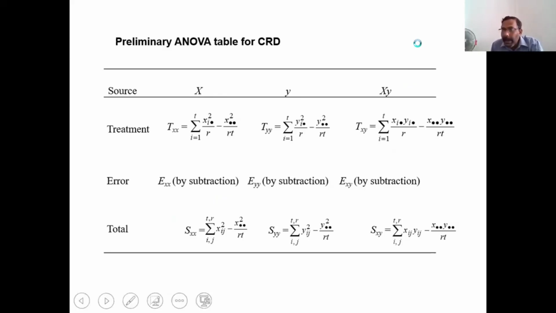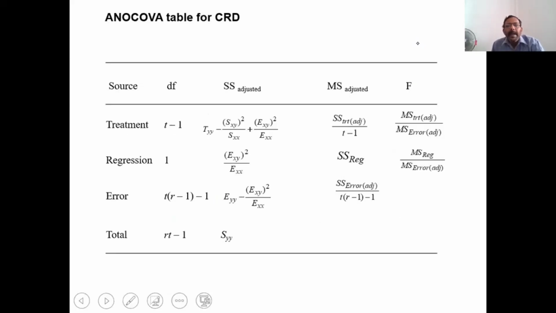This is not ANOVA, right? Now I am going to put up ANOVA for CRD. This is the real ANOVA for CRD. Now you see, in a normal CRD, can you remember, we have treatment, error, and total. Here we have additional information, regression. I said it is a combination of regression and ANOVA, so that it's there.